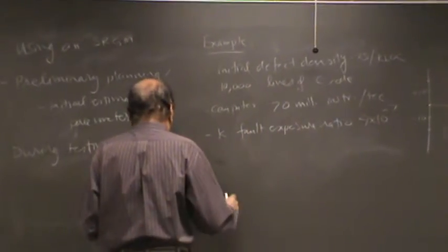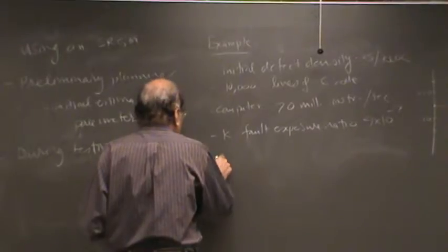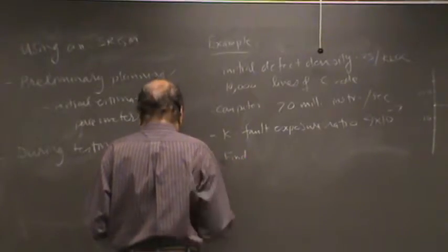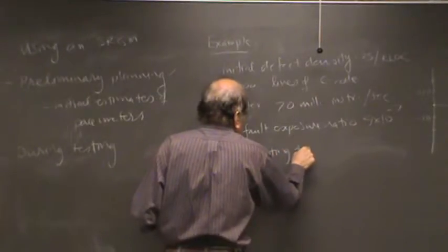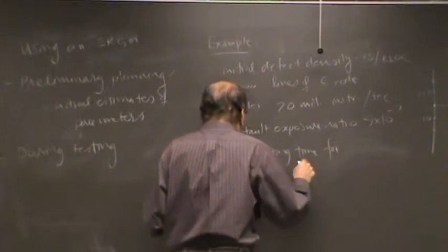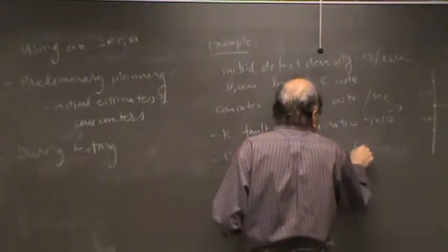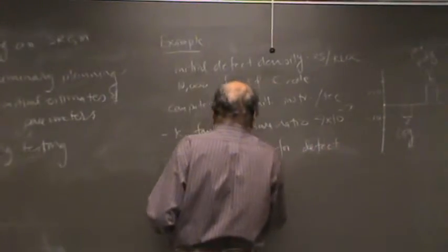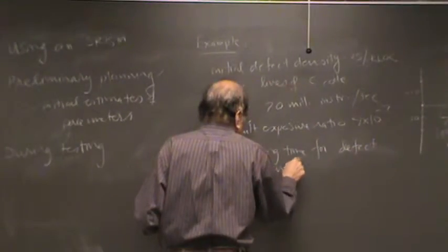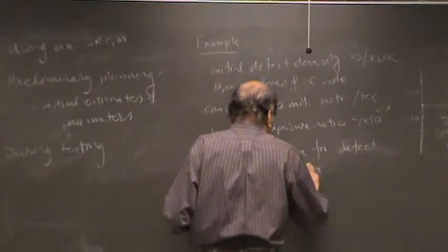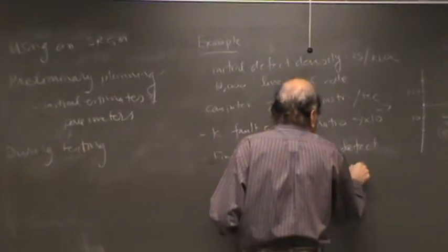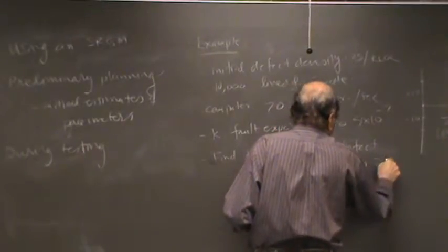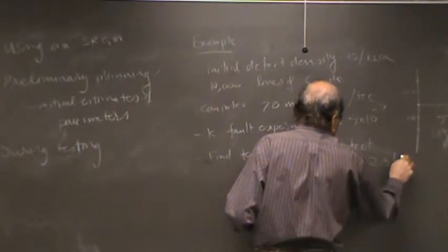So we need to find the testing time for the defect density to reach 2.5 per 1,000 lines of code.